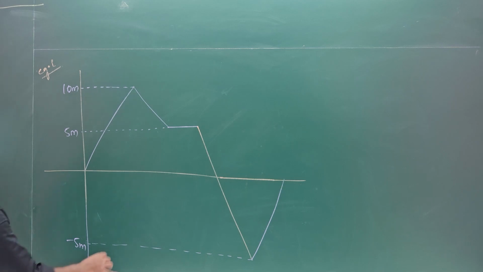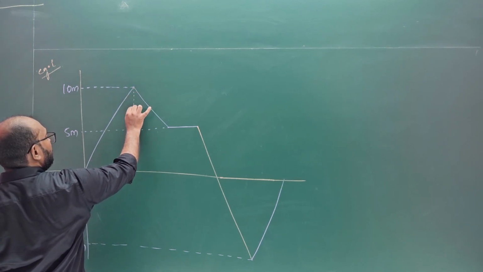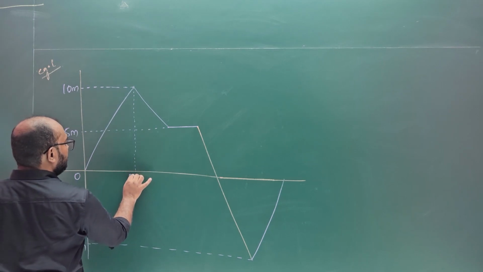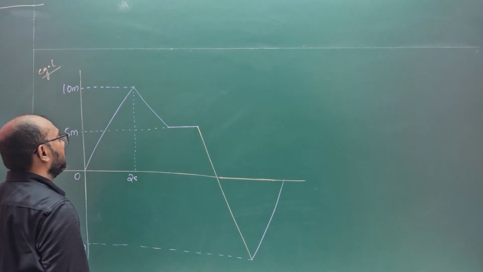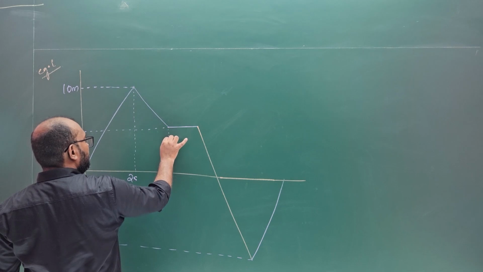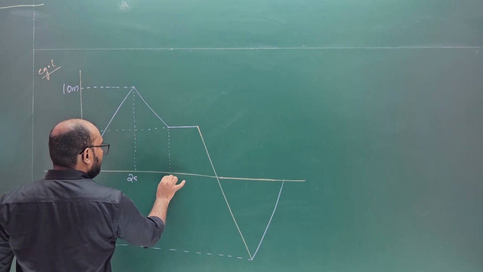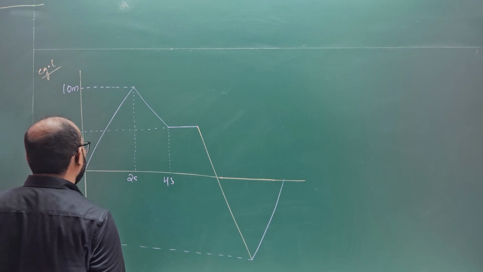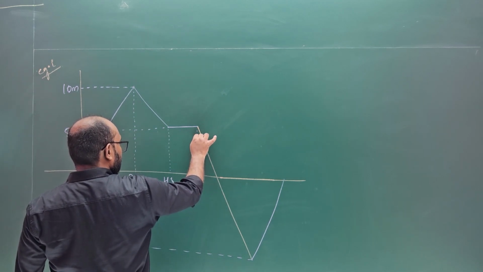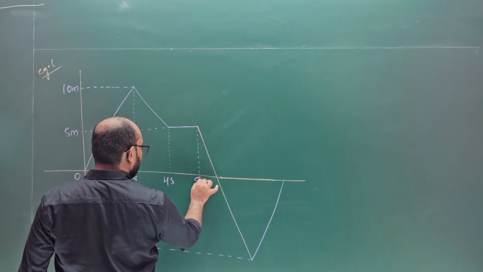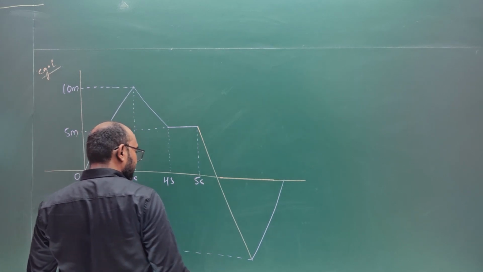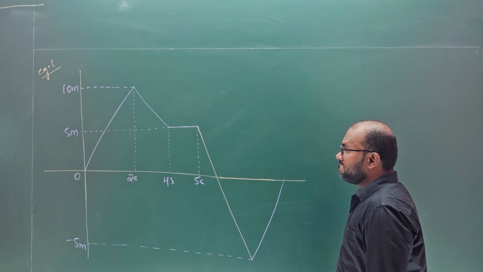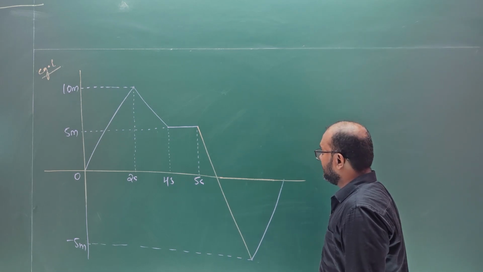Okay, let us say the time periods now. 0 seconds. Here 2 seconds. And consider here 4 seconds. And then from here to here 5 seconds. Then later, how much time should we give here? 10 seconds.